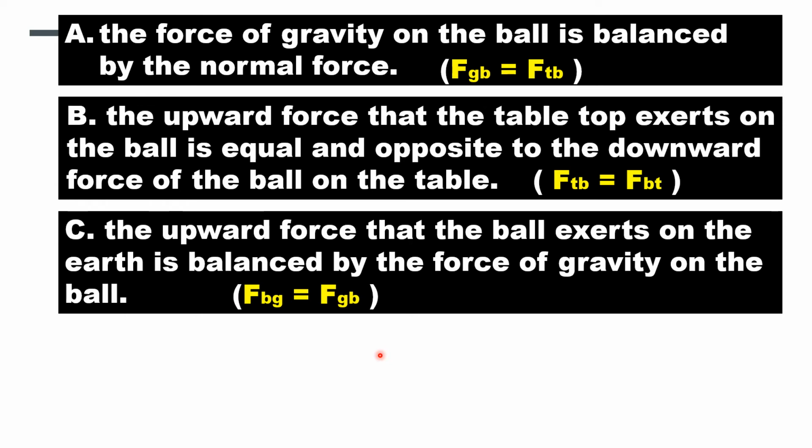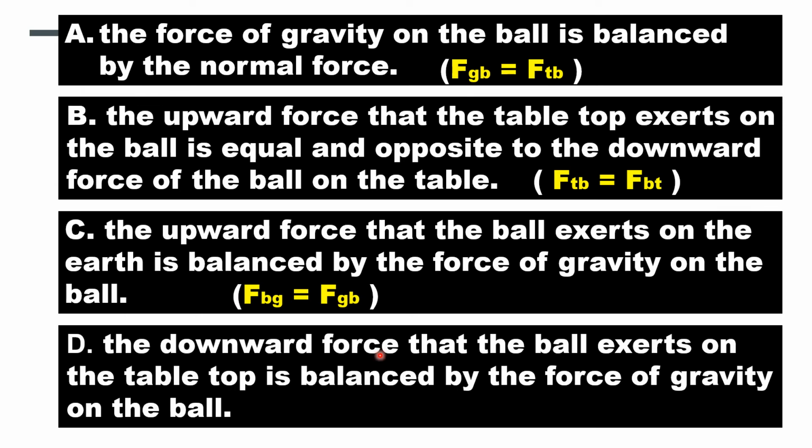And the last explanation, in letter D: the downward force that the ball exerts on the tabletop is balanced by the force of gravity on the ball. The two forces are labeled as FBT and FGB. Examining the subscripts, FBT, FGB, are these action-reaction? Of course they are not.